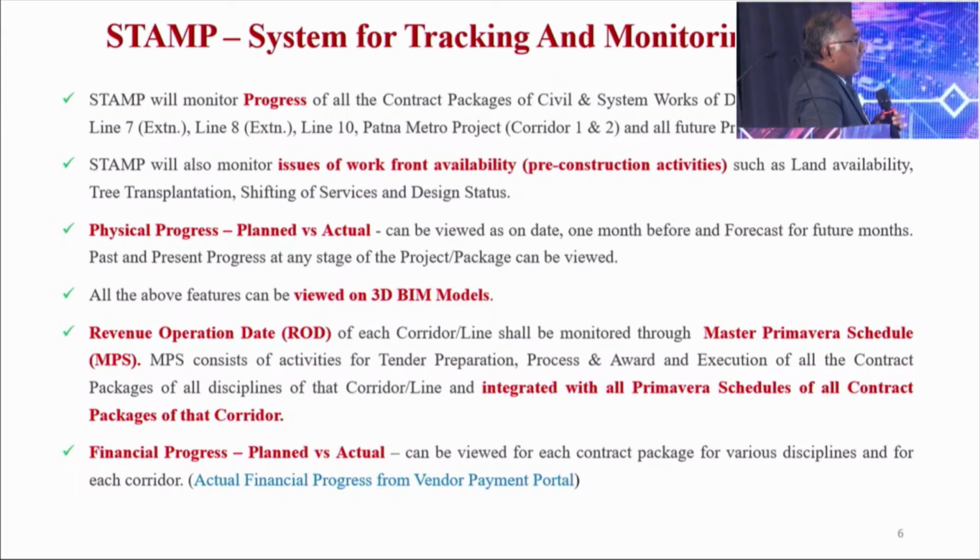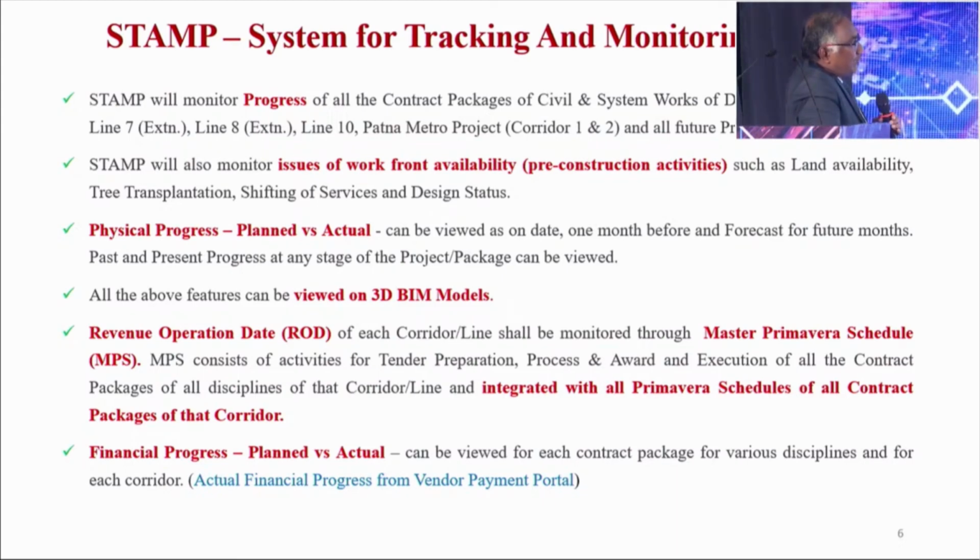Then we have a vendor payment portal for monitoring the payments online. Every contractor that is on board is processing the payments online only. So the vendor payment portal is also integrated with the STAMP, and therefore the financial progress will also be monitored in the STAMP.